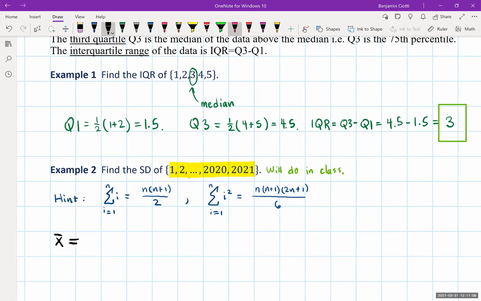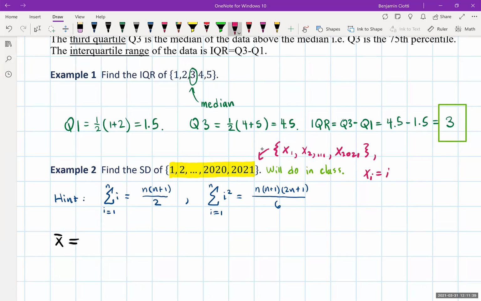If, by the way, we considered this set to be the set x1, x2, up to x2021, then apparently xi is just equal to i.